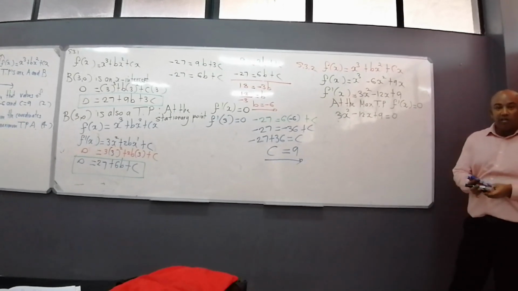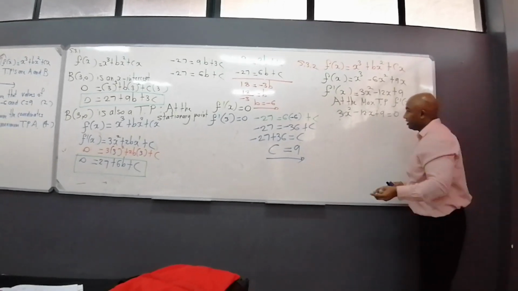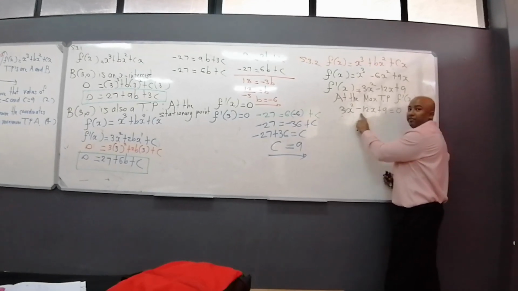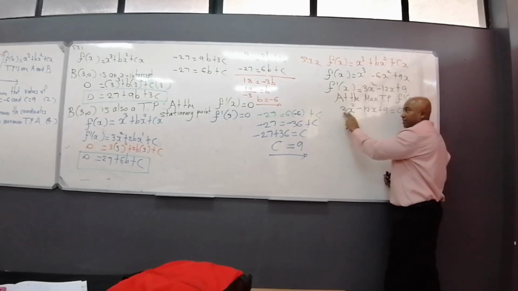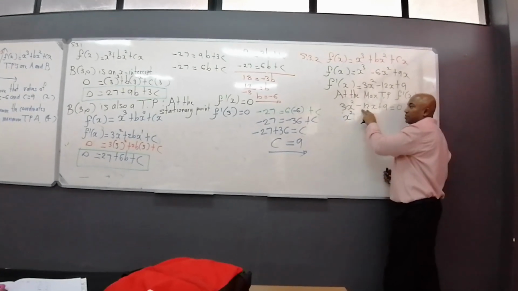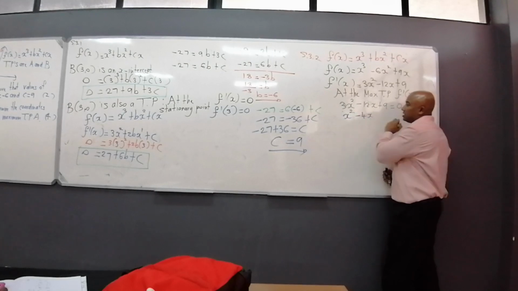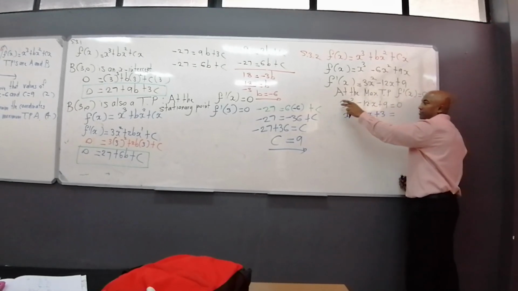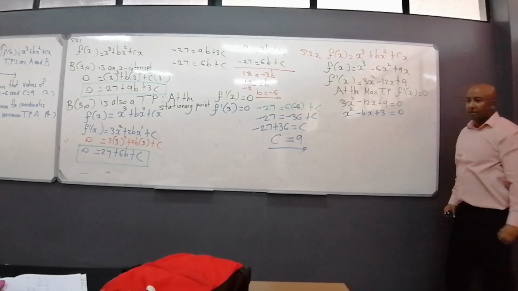We factorize and solve for x. I noticed that this 3 is a common factor. Can you see that? So I'll divide by 3. If I divide by 3, I end up with x squared, minus 12 divided by 3 is minus 4x, 9 divided by 3 will be 3, 0 divided by 3 will be 0.